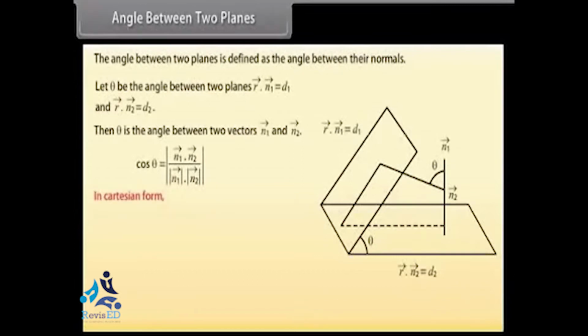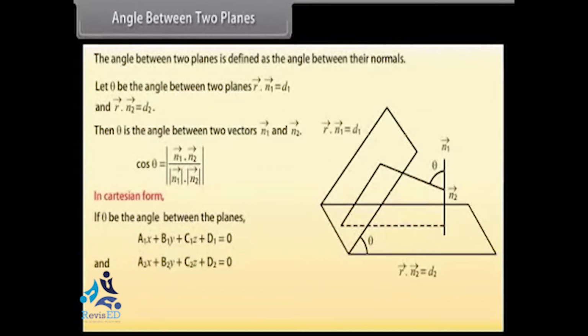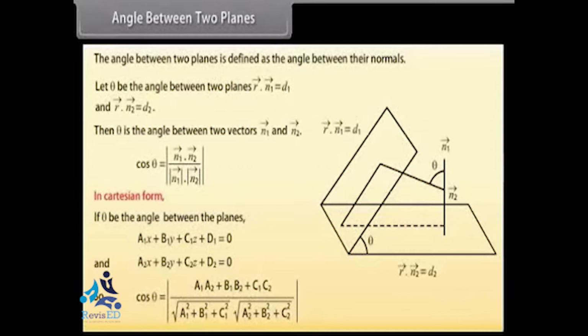In Cartesian form, if theta is the angle between the two planes a1x plus b1y plus c1z plus d1 equals 0 and a2x plus b2y plus c2z plus d2 equals 0, then cos theta equals the modulus of a1a2 plus b1b2 plus c1c2 divided by square root of a1 square plus b1 square plus c1 square into square root of a2 square plus b2 square plus c2 square.